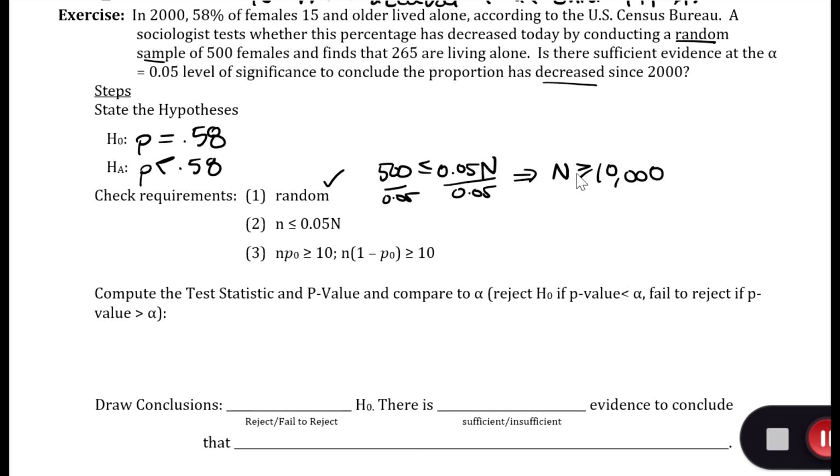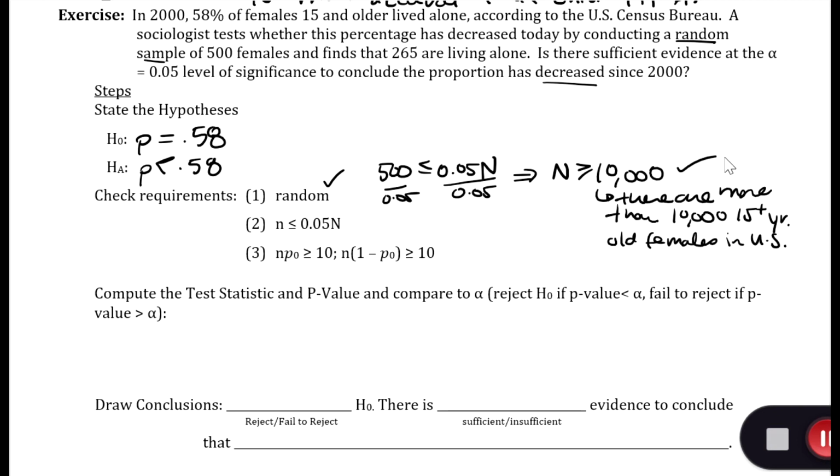Okay, so now you've got to think about what our population is, and is that population greater than or equal to 10,000? So if our sample is of females, these 500 females that are 15 or older, then our population is going to be all females 15 years or older in the US. So there are more than 10,000 females 15 years or older in the US. And so that is satisfied.